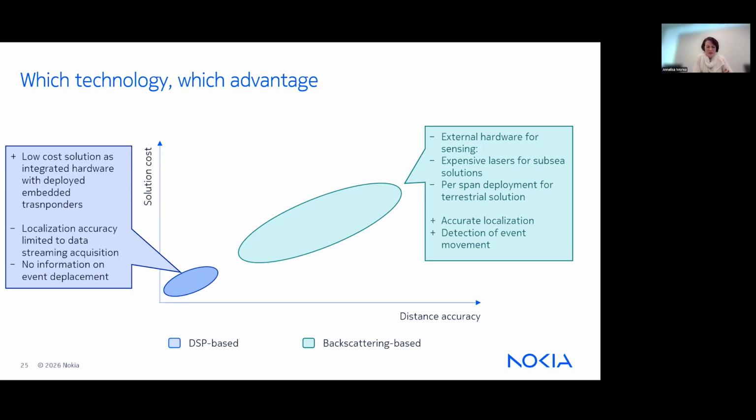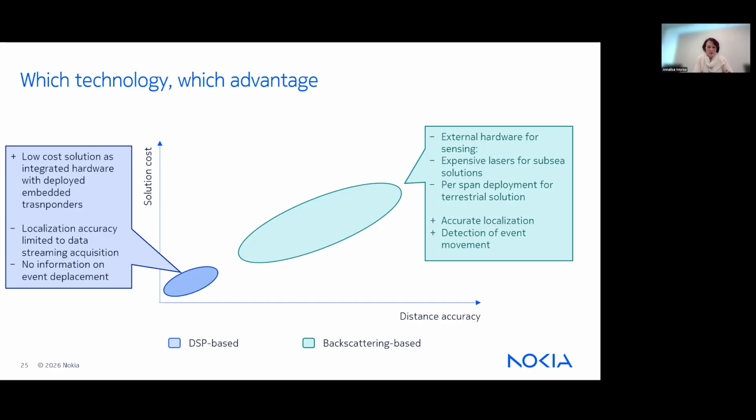With the DSP, the main advantage is that this is a low-cost solution that is integrated into the hardware that is usually used for transporting the real traffic. So in the end, we just need an extension of a software associated with the network management tool.